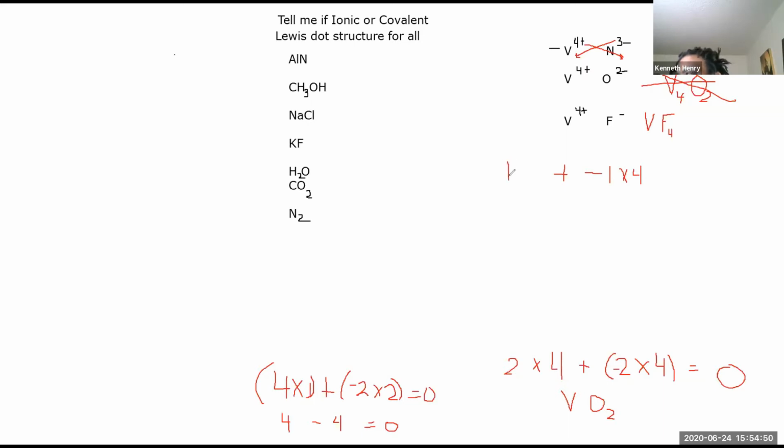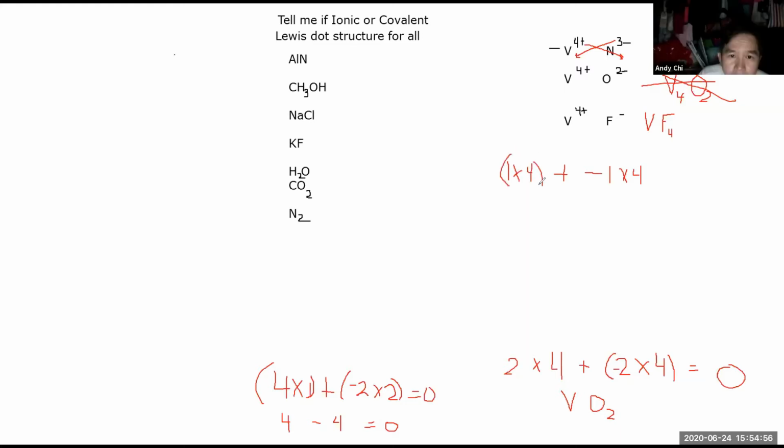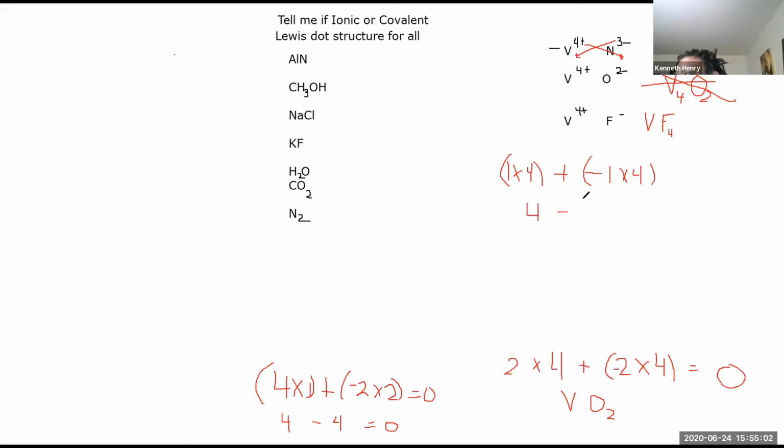So it's 1 times 4, which is 4. Minus 4 equals 0, right? So it's balanced. It's 0, it's neutral.